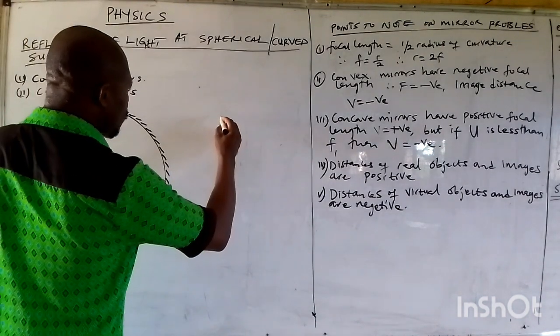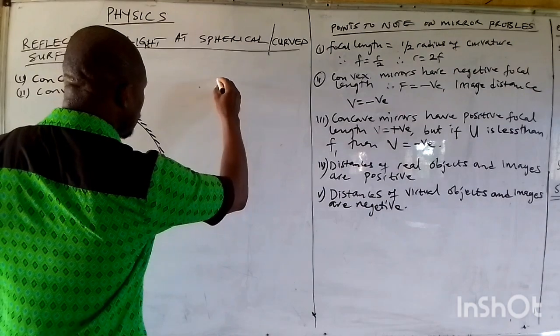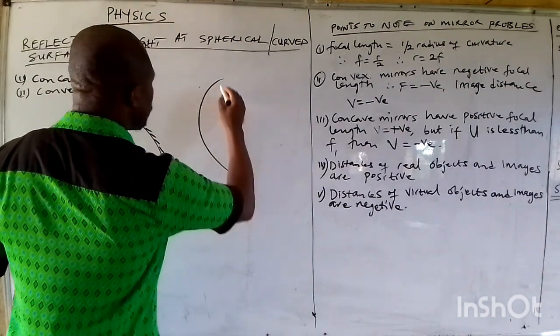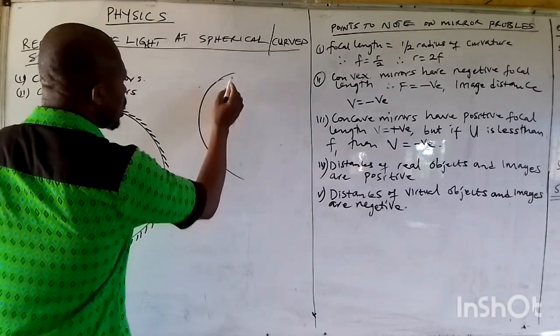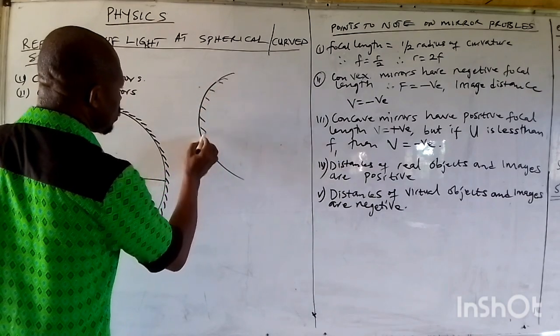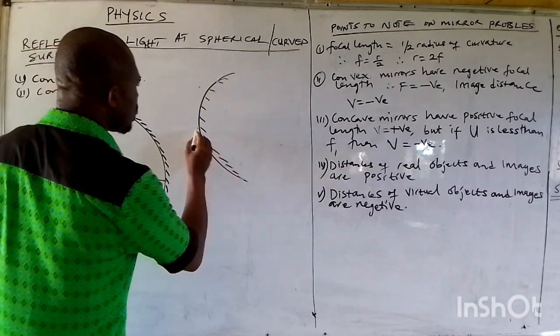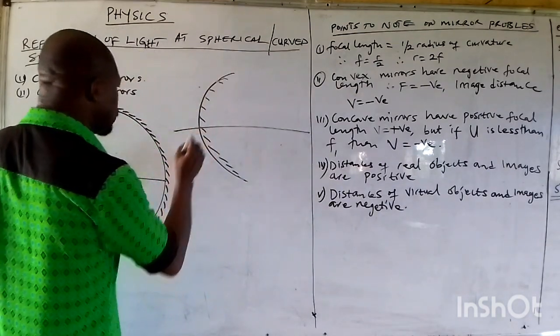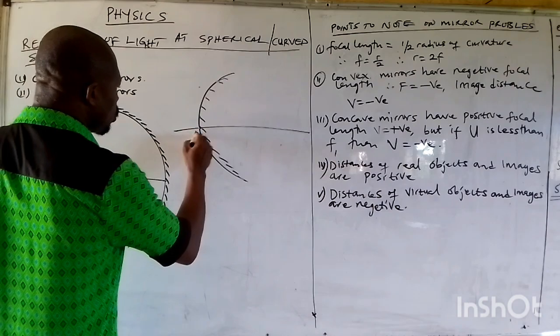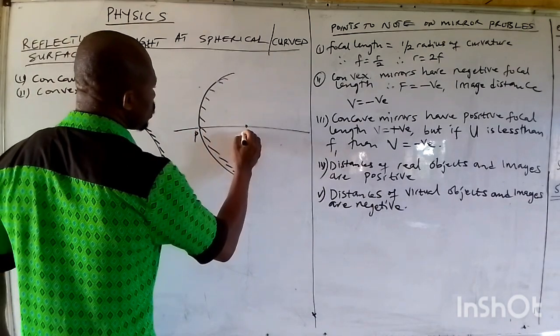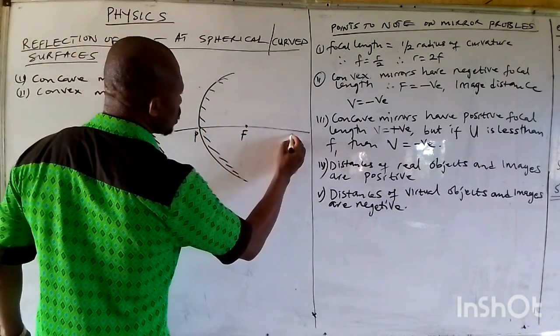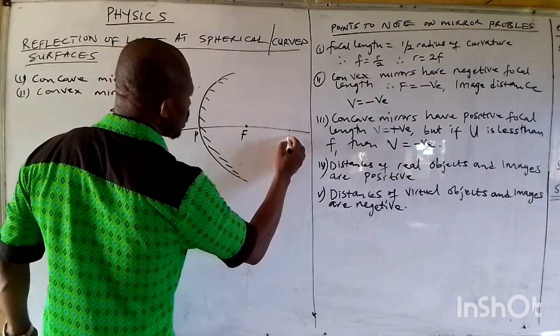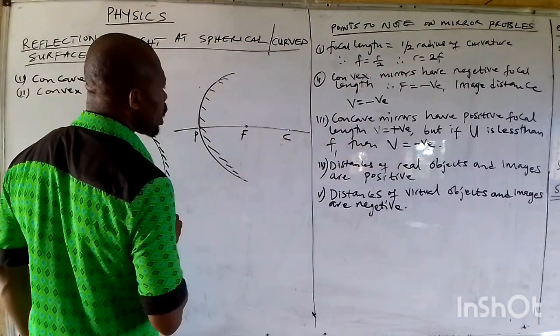Then if the inside surface is silvered, for example, we have this. If the inside surface is silvered, now we have this point is the pole, this point is the principal focus, and this point here is our center of curvature.